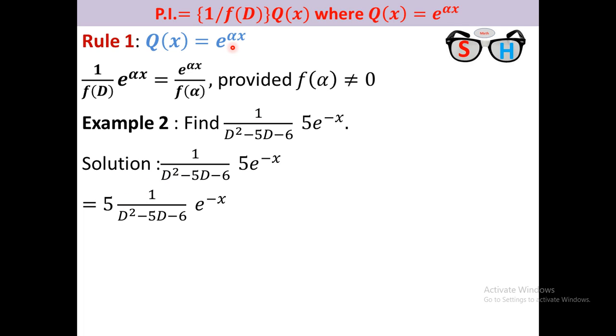Now using that rule, you have to put minus 1 in the place of D, because if you compare with that rule, alpha means minus 1. Therefore you have to put minus 1 in the place of D. What will be the result? The result is this. You see that the denominator is 0. Therefore, we cannot use this rule.